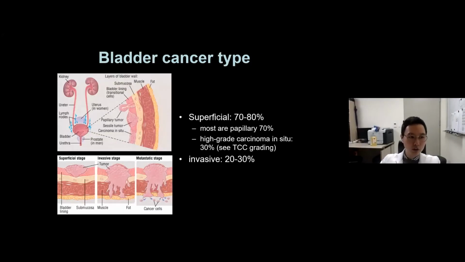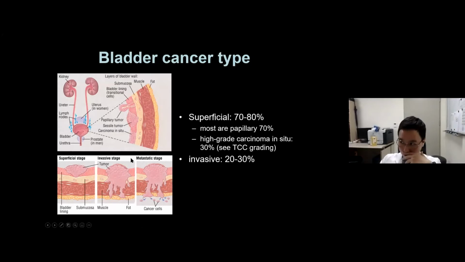So further looking here, there is a papillary tumor type, and also there are some other types, sessile or carcinoma in situ, which is a non-papillary type of cancer. And microscopically or from the images, it can be differentiated from the superficial to the invasive stage.